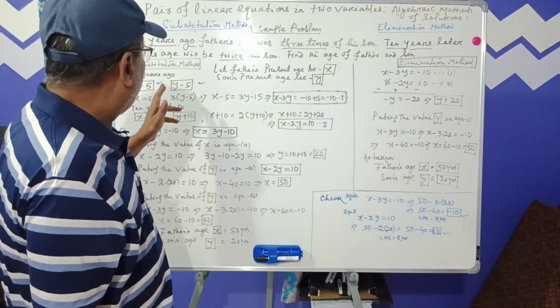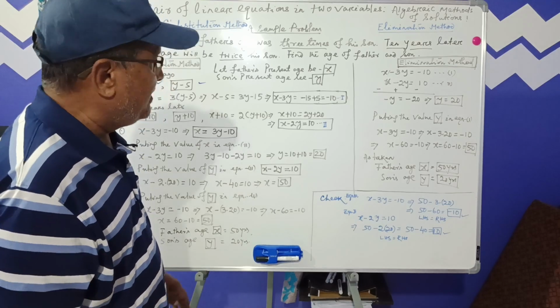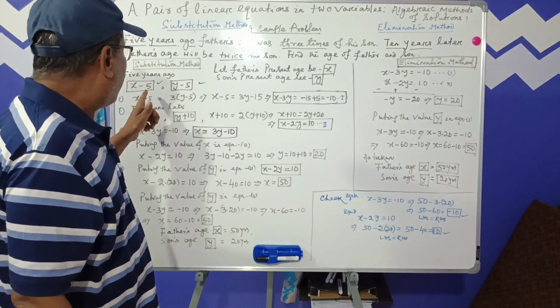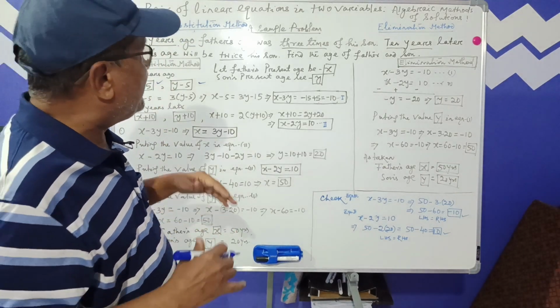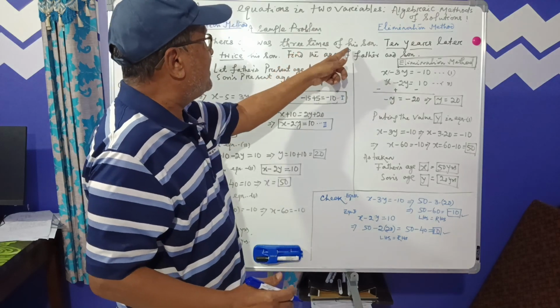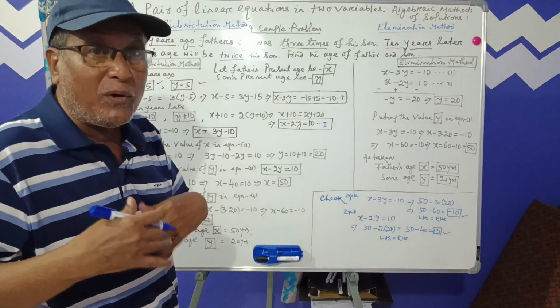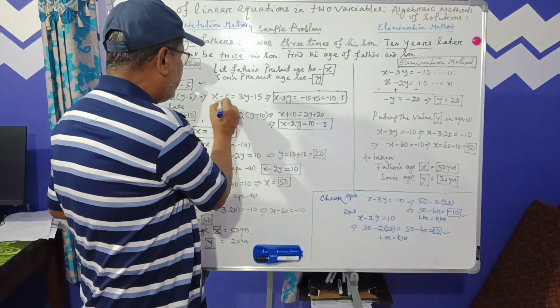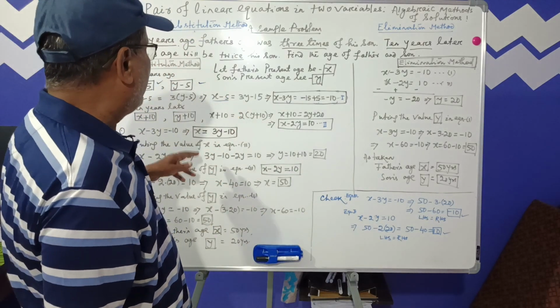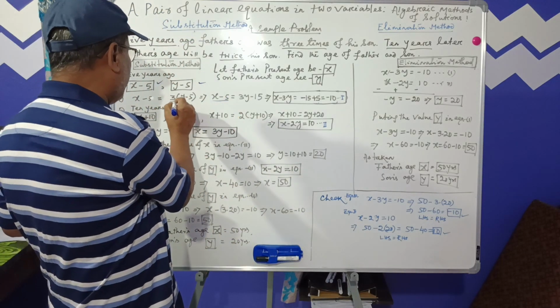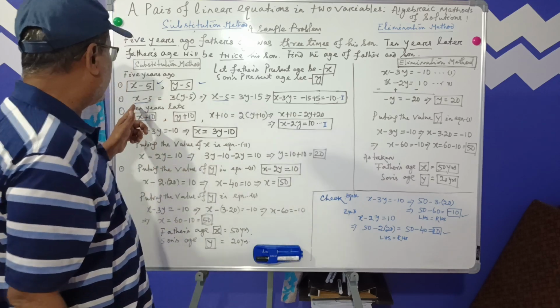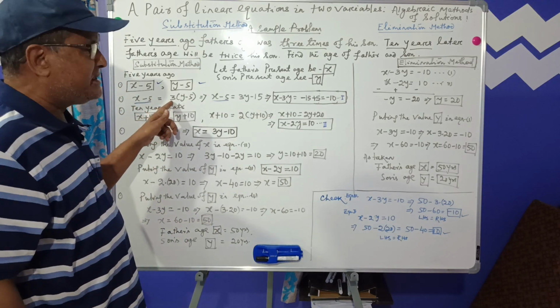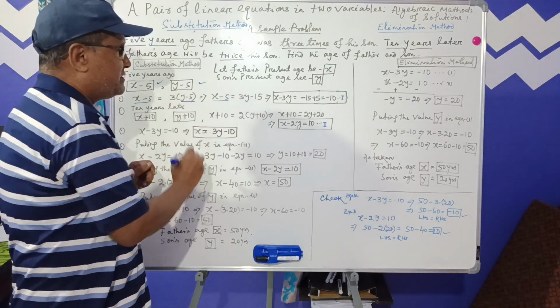Now let us compare. Father's age is equal to 3 times his son's. Now, equal to means the equation is found. So we have mentioned here x minus 5. The second point you see, 3 times his son's.